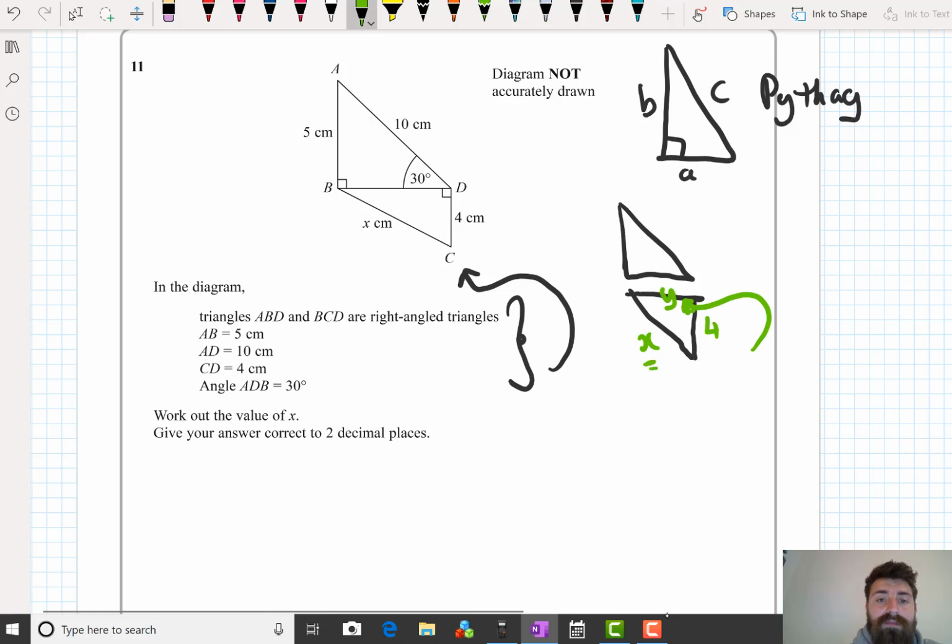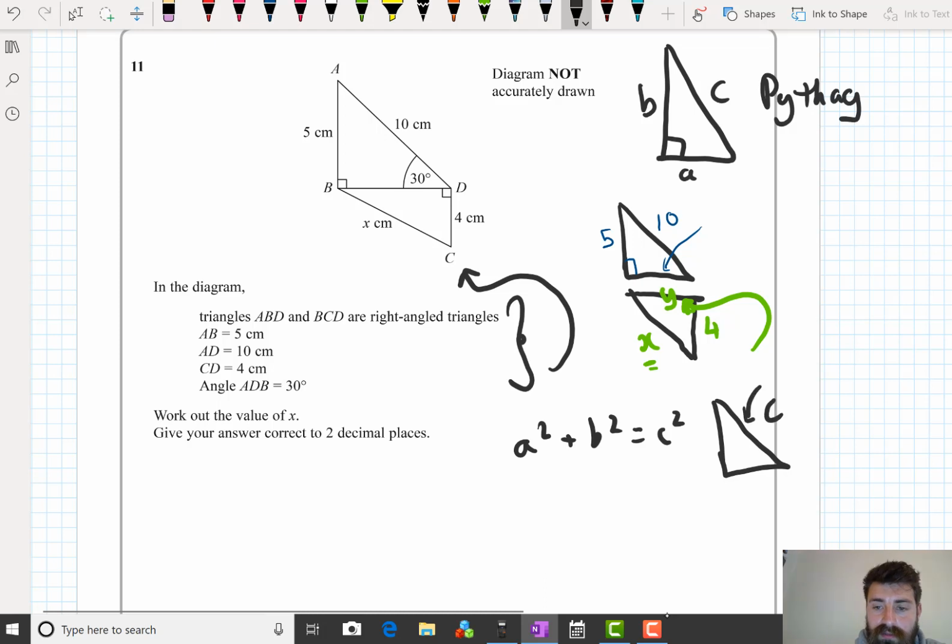And actually, for the top triangle, we have this side, and we could find that missing side. Now, for Pythagoras' Theorem, if you recall, it's a squared plus b squared equals c squared, where c refers to the longest side, which is also the hypotenuse, the one which is not attached to the legs of the triangle.